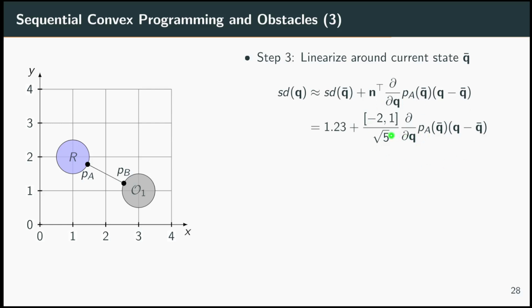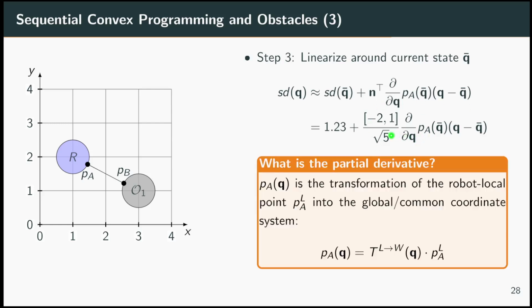And so we need this partial derivative still. And so the partial derivative here essentially means how does our contact point change if our configuration changes? Or in other words, how does this local transformation change if our robot moves?